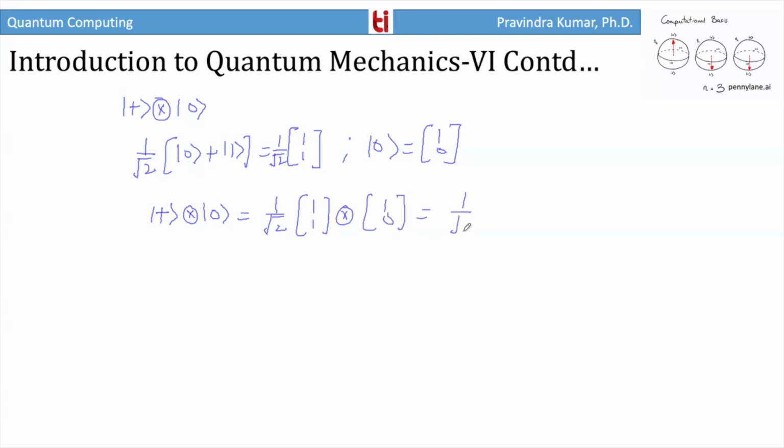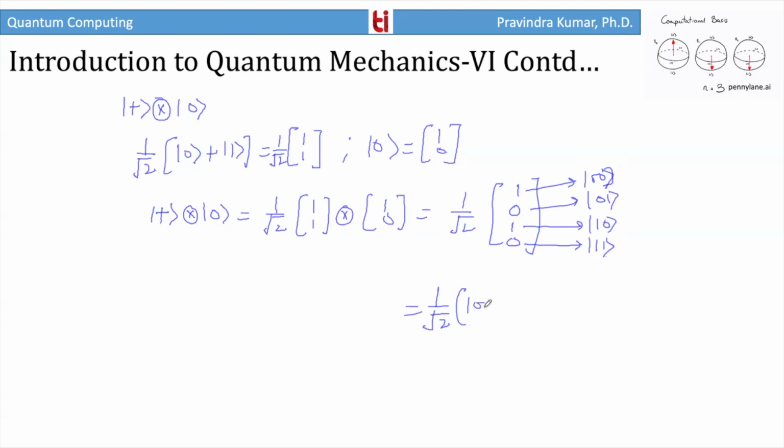So it is 1/√2 [1 0 1 0]. This is for the basis 00, 01, 10 and 11. So I can write it as 1/√2 (|00⟩ + |10⟩). Only these two have probability amplitude.